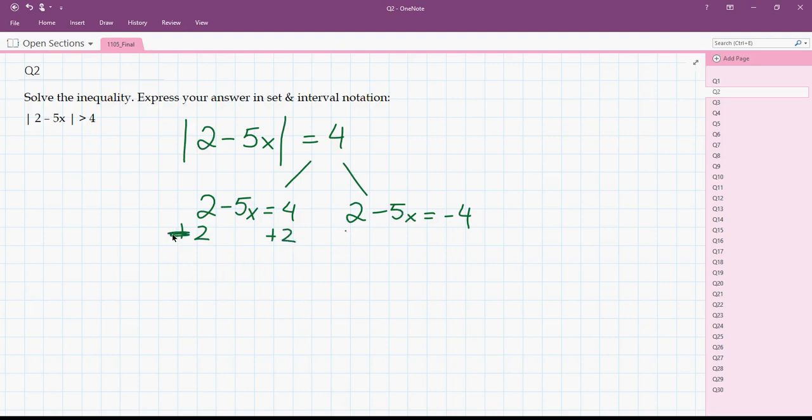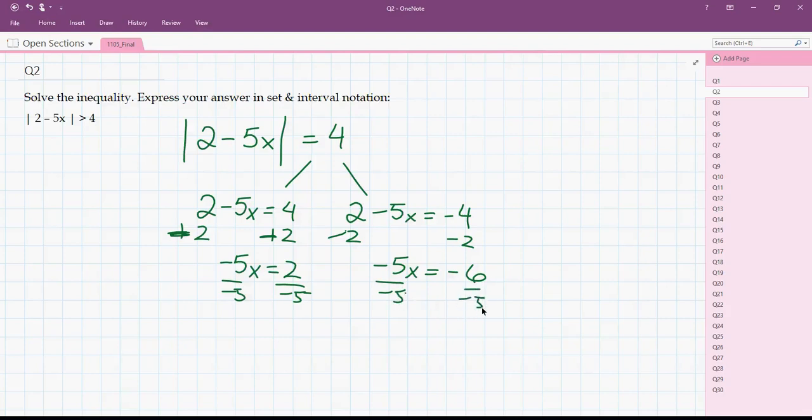We'll subtract 2. That gives us negative 5x is equal to 2, and negative 5x is equal to negative 6. Then we'll divide by negative 5 on both sides. That gets us an x of negative 2 over 5 and an x of 6 over 5.